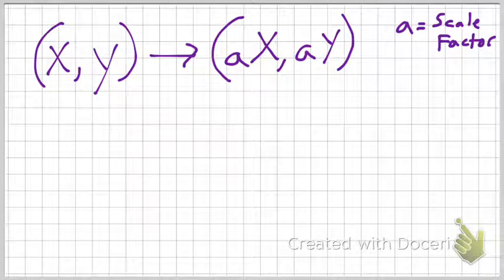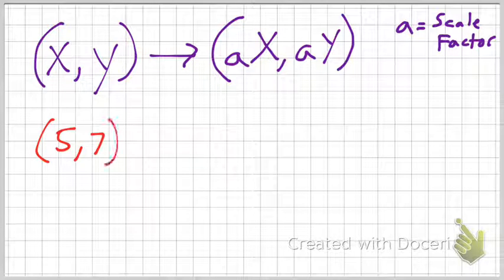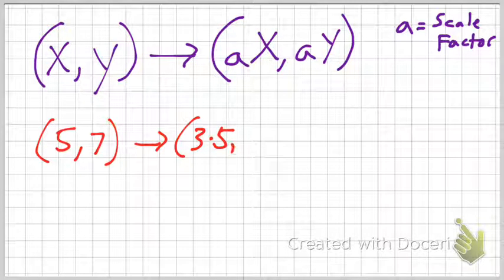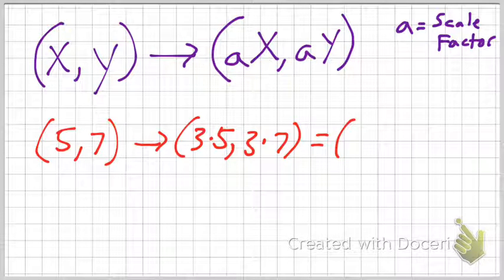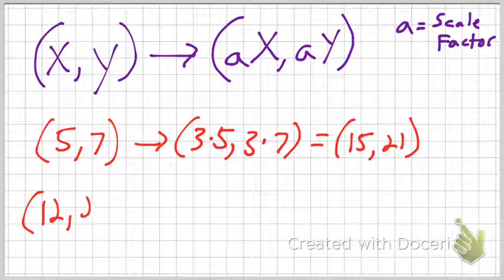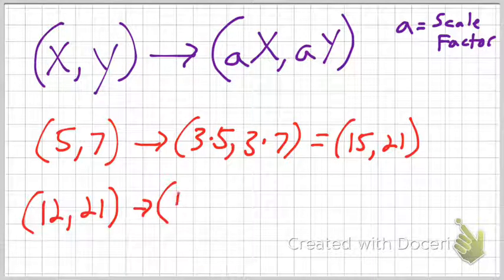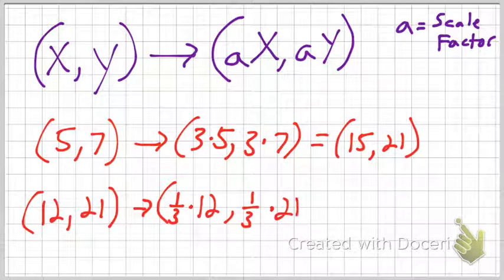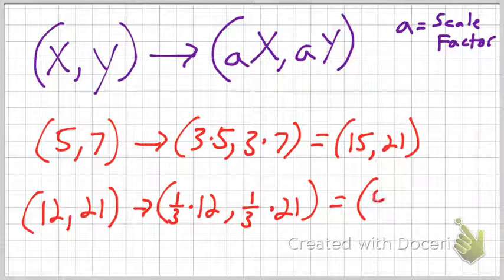So if we had 5 and 7, the scale factor was 3, it would be 3 times 5 and 3 times 7, which would give us 15 and 21. It's super simple, right? If we had 12 and 21 and our scale factor was 1/3, then we would do 1/3 times 12 and 1/3 times 21, which would give us 4 and 7.